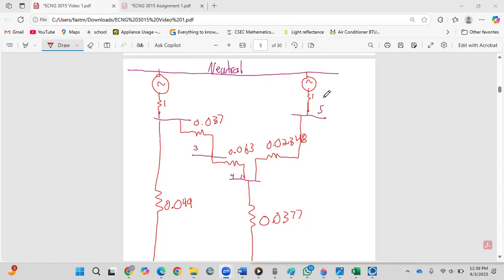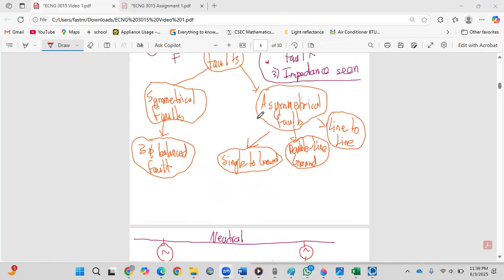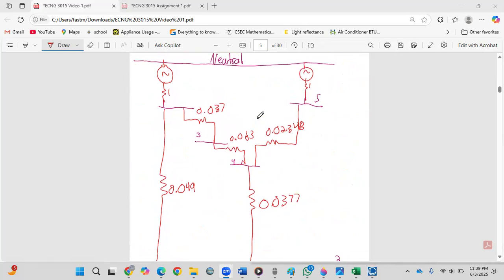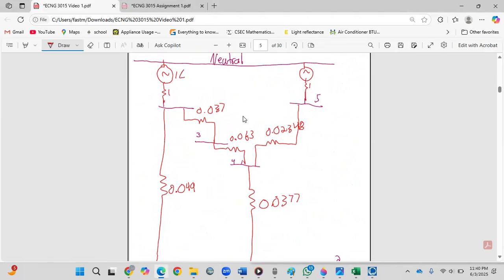Alright, so let's look to reduce this. With these steps, as we continue, some of the stuff that you had to add in will be for the generators. The magnitude and the phase of it, I think I mentioned in previous videos, will always be 1 angle 0 degrees.